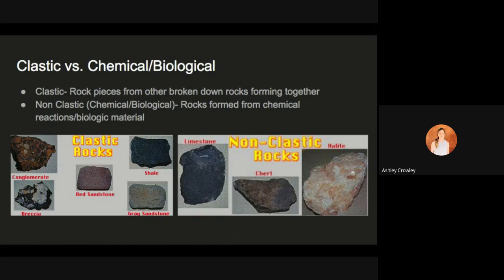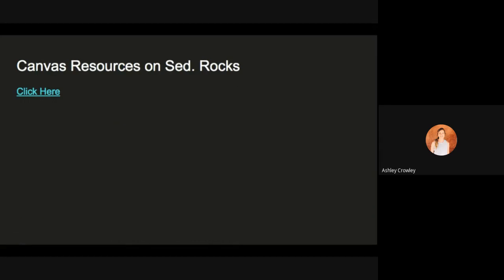And so that's really the main difference. Clastic is a bunch of little tiny sediments formed together, and then non-clastic rocks are formed from a chemical or a biologic process. So really when you're looking at these, if you can see grains, it's clastic, and if you can't see grains, it is non-clastic.